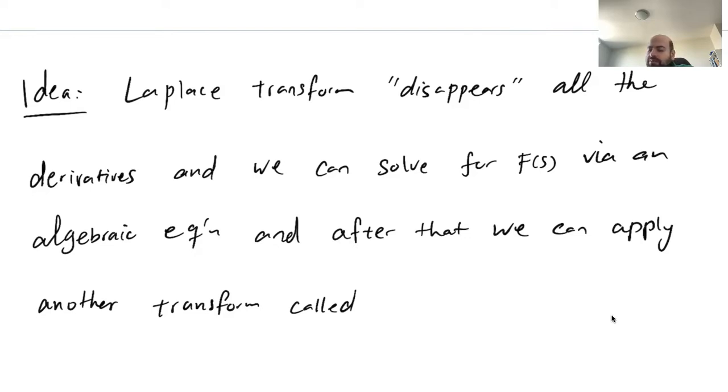So we apply the Laplace transform, we get the function F of s, and then we apply the inverse Laplace transform, we get the original function back.